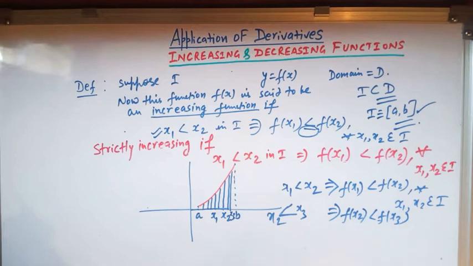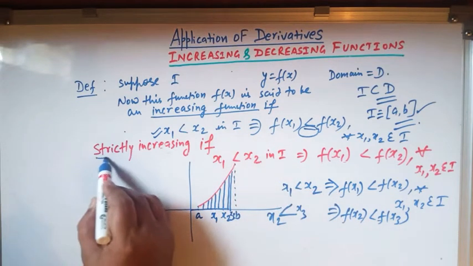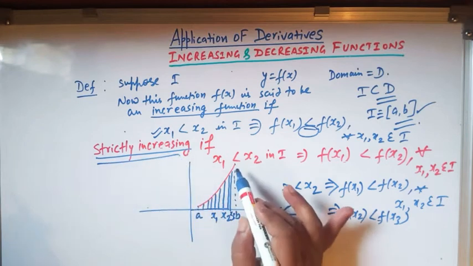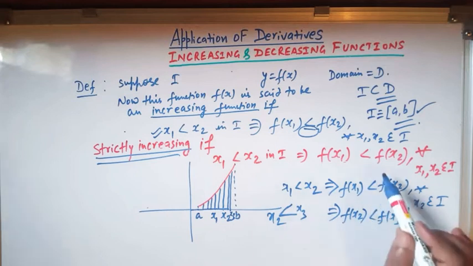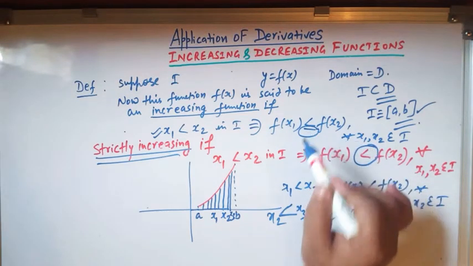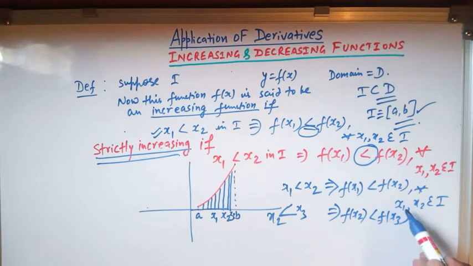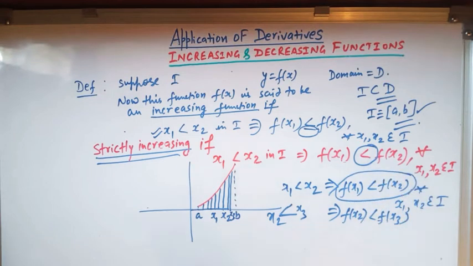So this is called a strictly increasing function. In a strictly increasing function, we do not have the equality sign; for any two points x1 and x2, we strictly have this inequality.